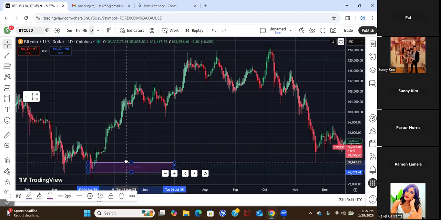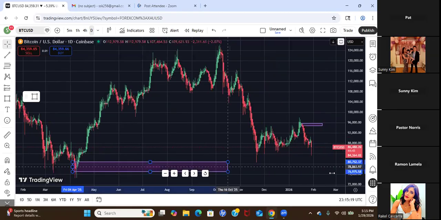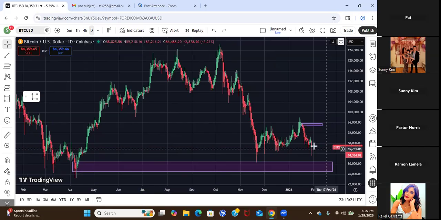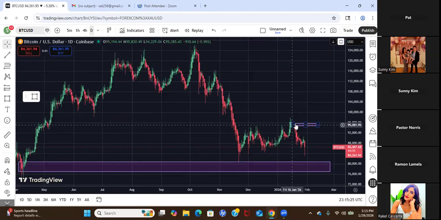So I'm going to use this one here just for example purposes. All right, so the last green candle before your red candle, that is your sell zone. The last red candle before your green candles, that is your buy zone.